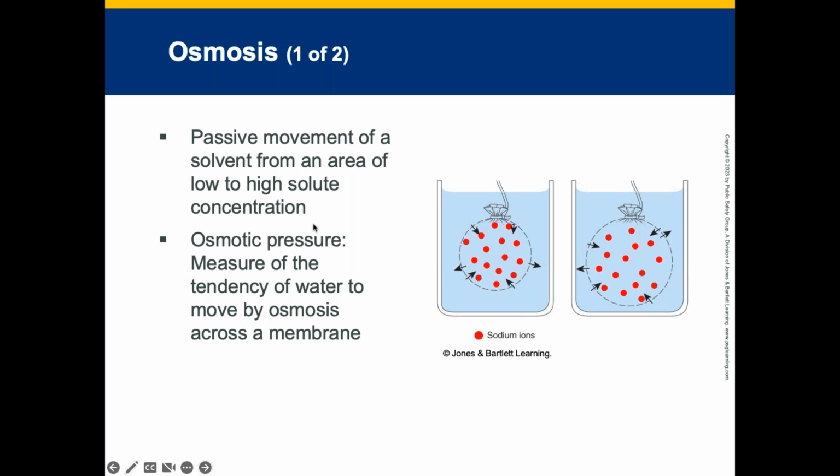As you can see here with the sodium ions being inside, they're going to be traveling through the membrane. Osmotic pressure is a measure of the tendency of water to move by osmosis across a membrane. These are all sodium and potassium, and we'll get over that a little bit later when we talk about cardiology with the sodium-potassium pump and how all that works.